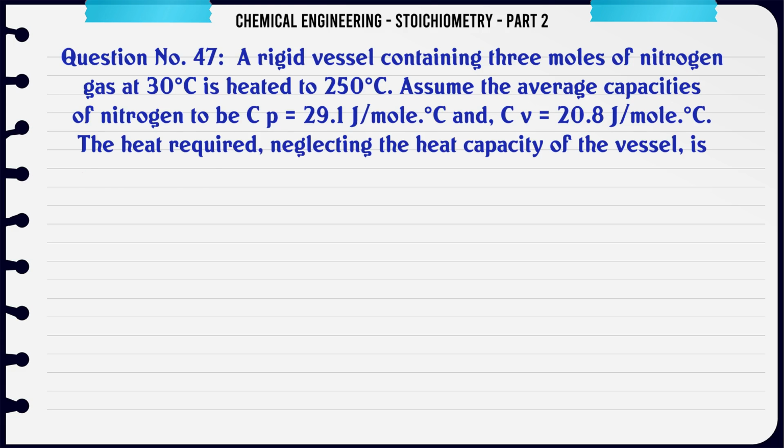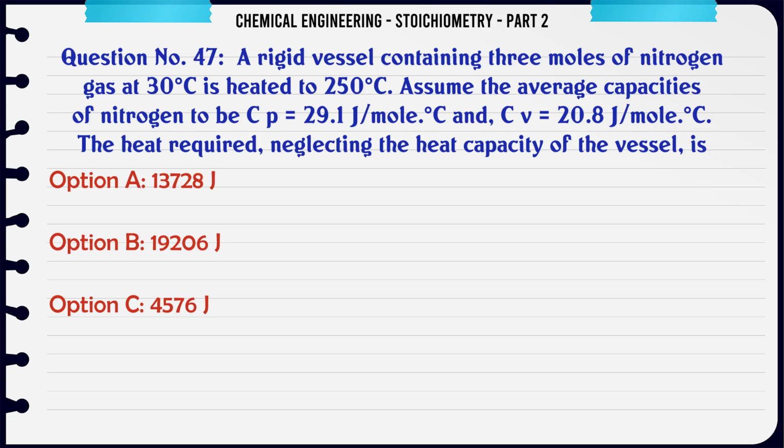A rigid vessel containing 3 moles of nitrogen gas at 30 C is heated to 250 C. Assume the average heat capacities of nitrogen to be Cp = 29.1 J/mole.C and Cv = 20.8 J/mole.C.